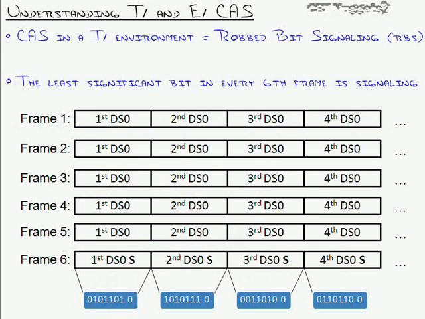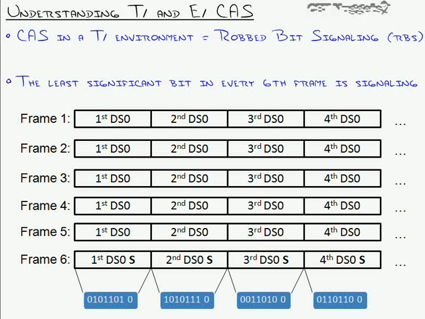Now, before I jump into CAS, I have to admit to you that when I was in the data world, before I got into voice over IP, in the data world we think of CCS as ISDN. That's the only thing that would be CCS, an ISDN connection. I would always just think, boring. Hello. Why do I need to know?